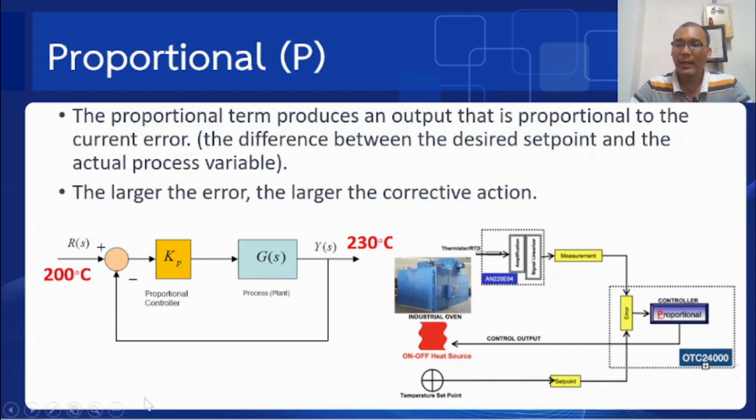So here, the proportional term will generate an output signal that is proportional to the error here, which is 30 degrees Celsius. And we'll try to bring the temperature closer to set point by adjusting the control input. Here, it will adjust the heater power here.